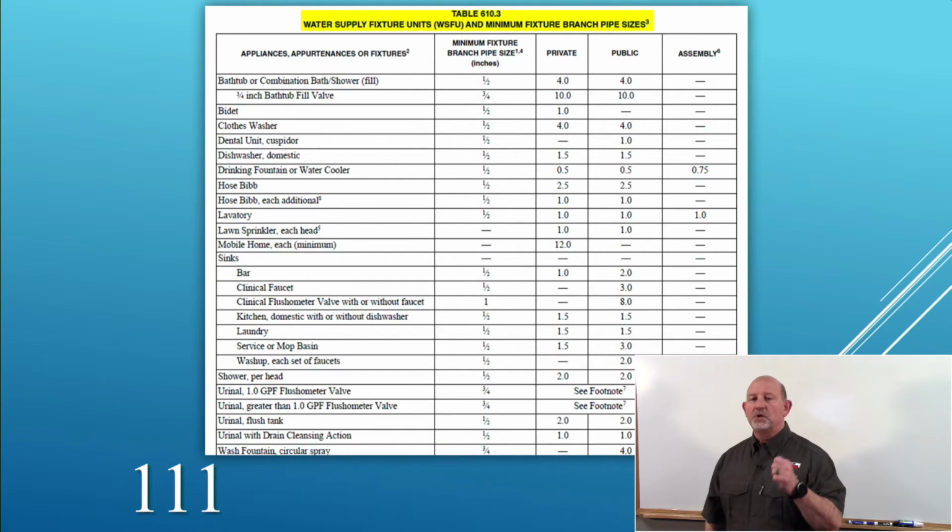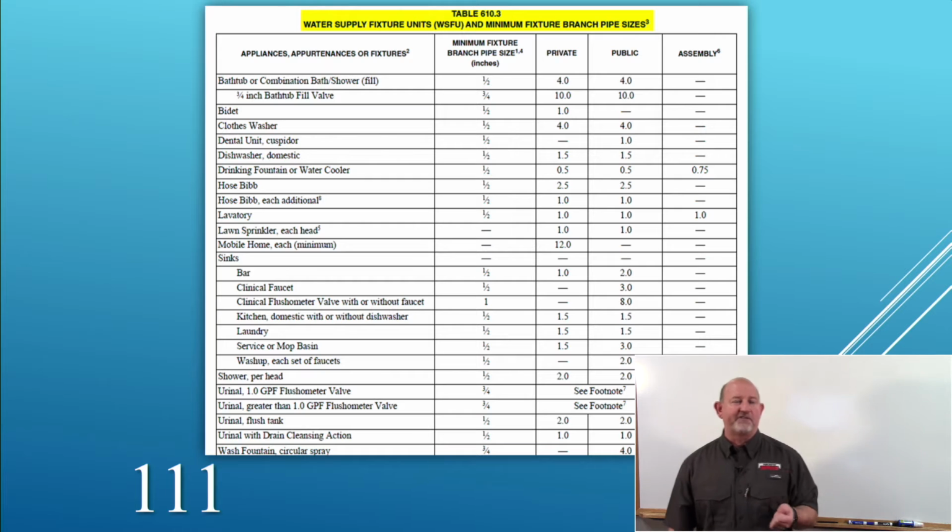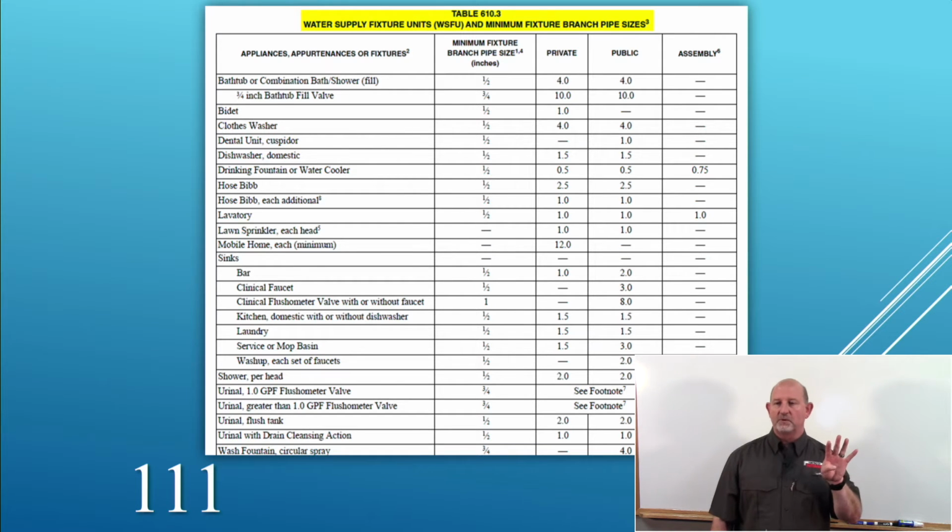So Wade's bathtub or combination bath shower filled privately is worth 4 WSFUs. If Wade has a 3/4 bathtub fill valve for the big garden tub, for example, that's going to be 10 WSFUs. If Wade has a bidet in his house, that's going to be an additional 1 WSFU. And then if Wade's got a dishwasher, that's funny, they got that backwards.